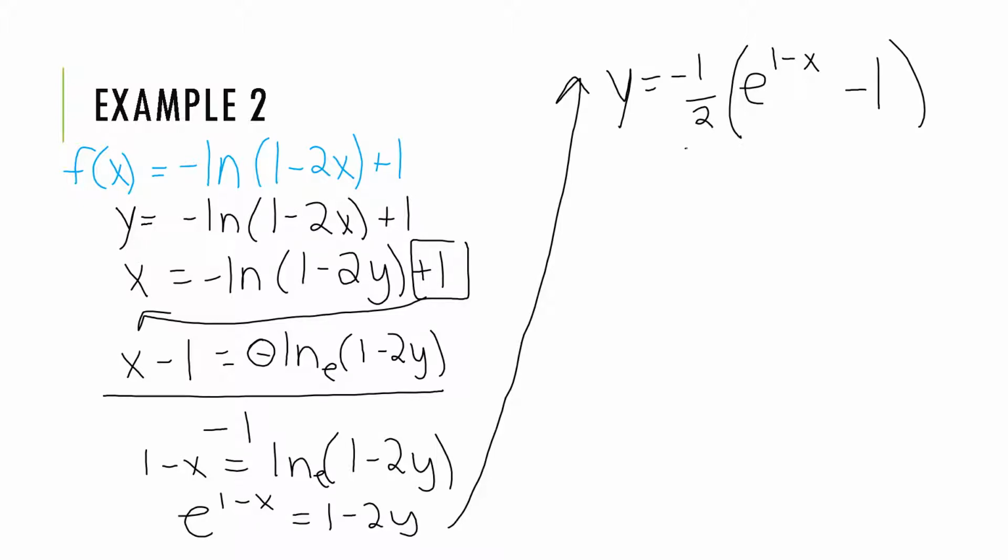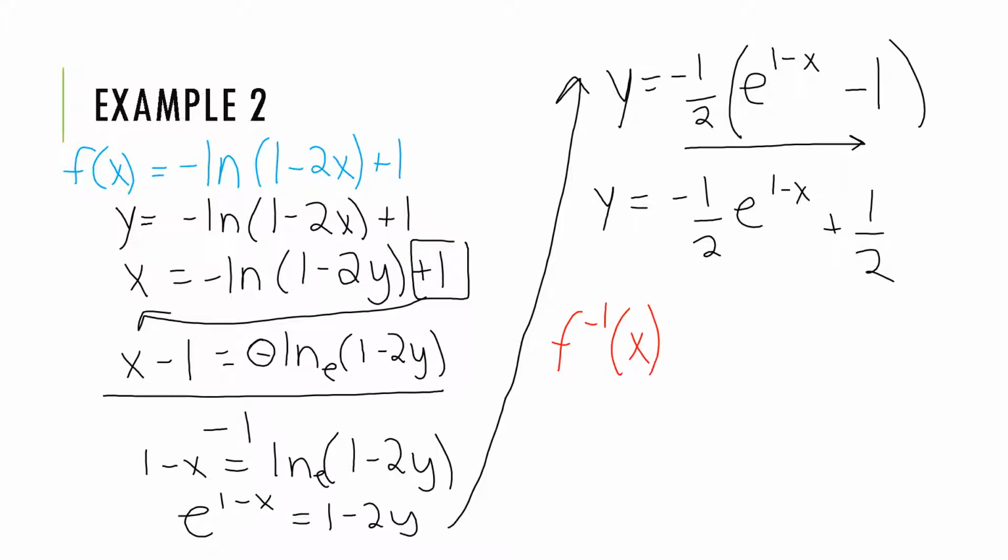And if you want to distribute the negative 1/2, you would get y equals negative 1/2 e to the 1 minus x, plus 1/2. And of course, we want to rewrite that so that we have an inverse function, and that is as shown here.